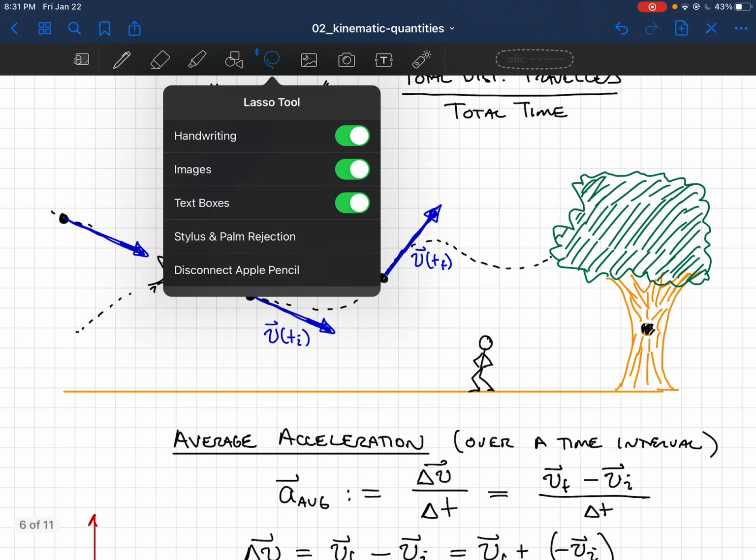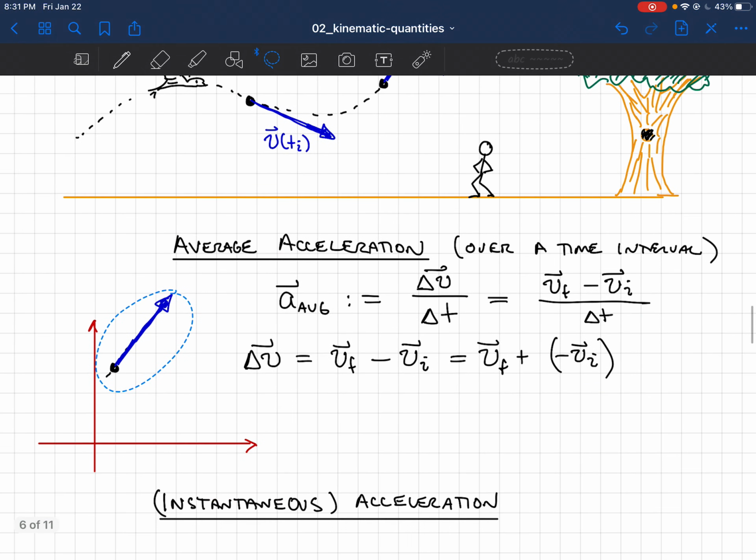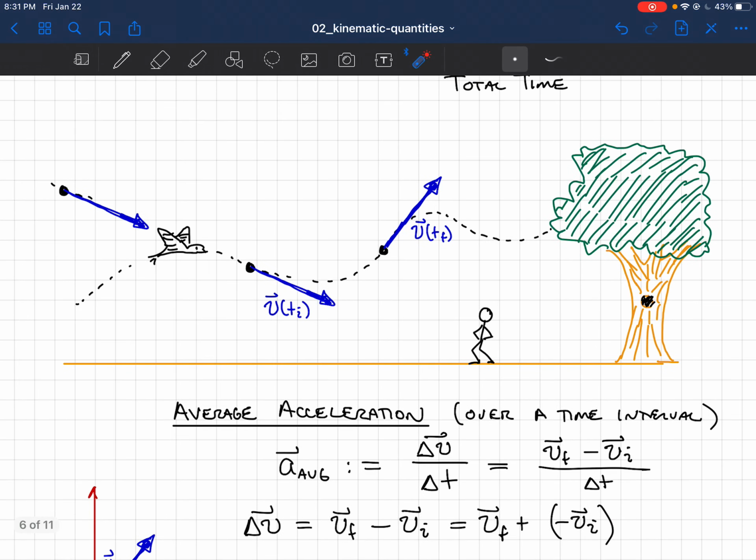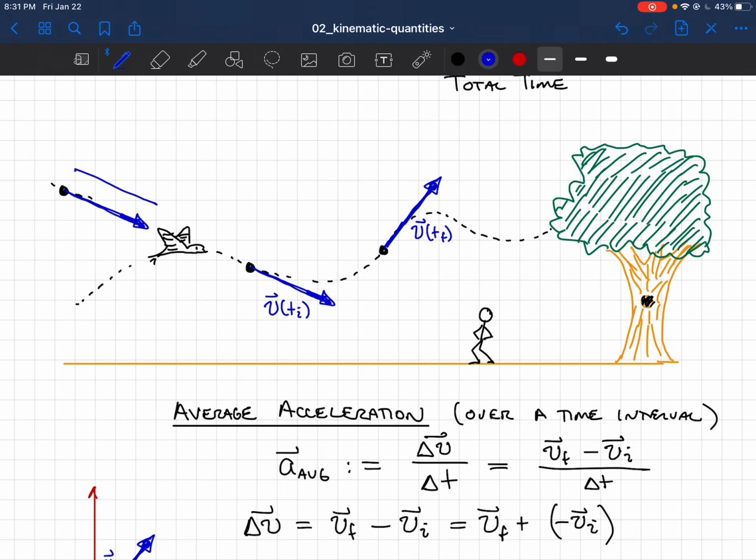And then we have the first vector is the final vector. So we'll bring that down to our coordinate system. That's our v final. And we add to that not the initial vector, but minus the initial vector. So again, we take the initial vector and we turn it around.